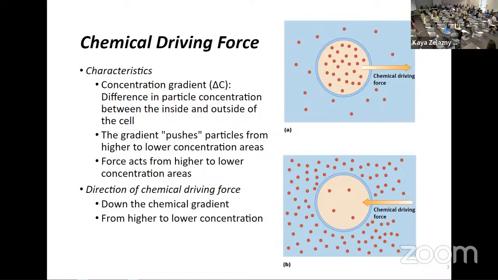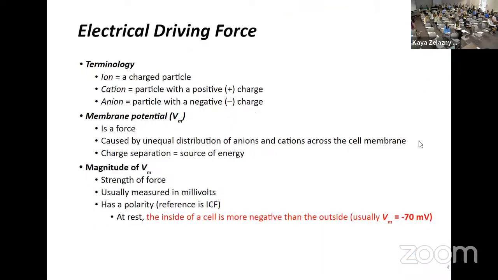When we think about the electrical driving force, we're really only thinking about ions. So if you have something that doesn't have a plus or a minus sign, you can stop after looking at the chemical. So concentrations are good enough unless you see a little positive or negative charge.